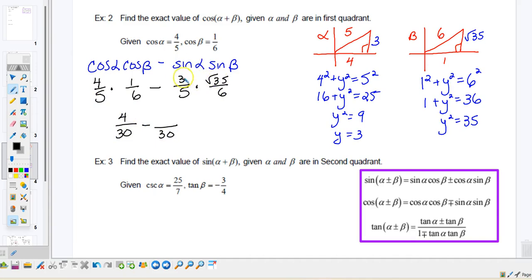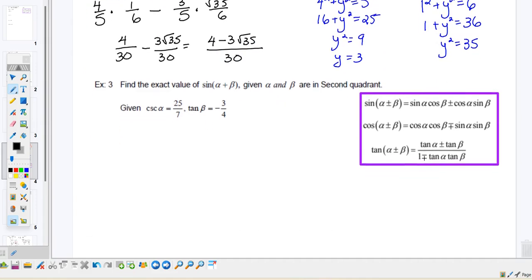When you multiply an integer by a square root irrational number, 3 times root 35 is just 3 root 35. Subtracting. We have a common denominator, so we can make that 1 fraction.